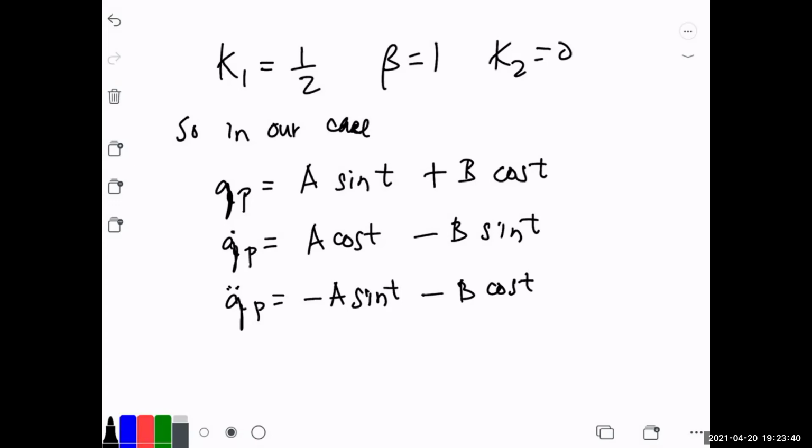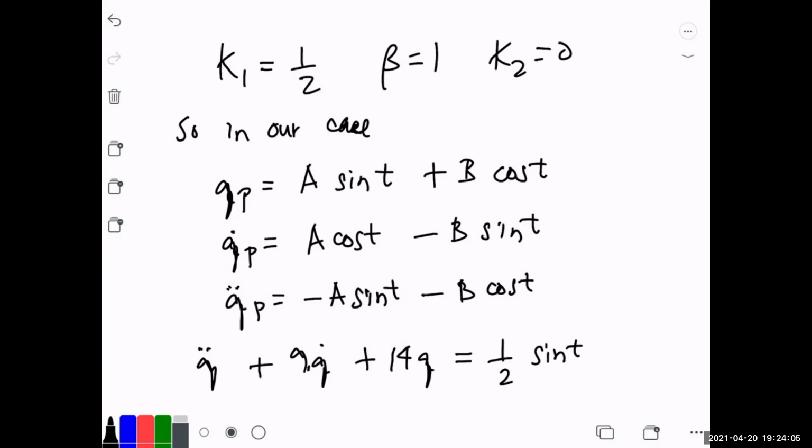Okay, so let's substitute in equation 1. So what is equation 1? So we said q double dot plus 9q dot, only one dot, plus 14q is equal to 1 half sine of t.